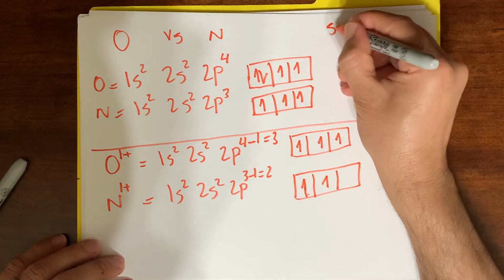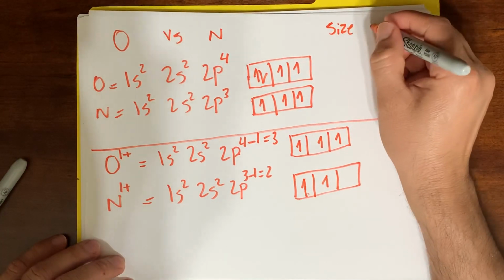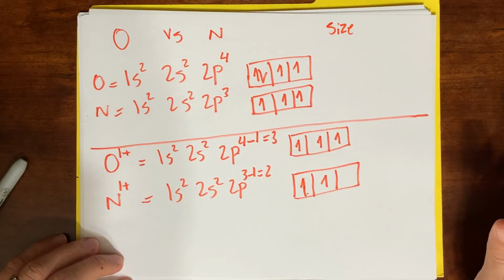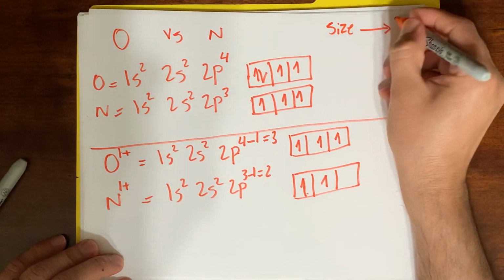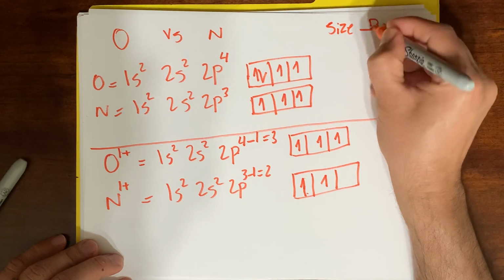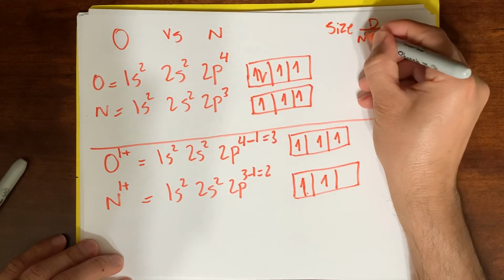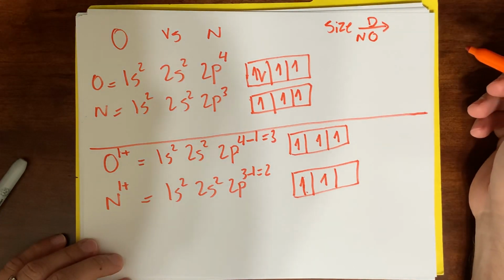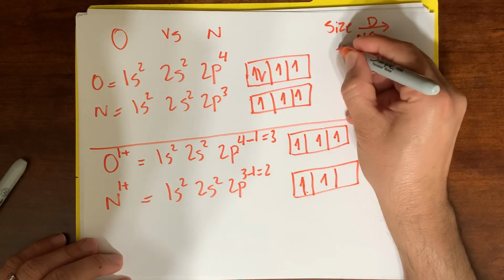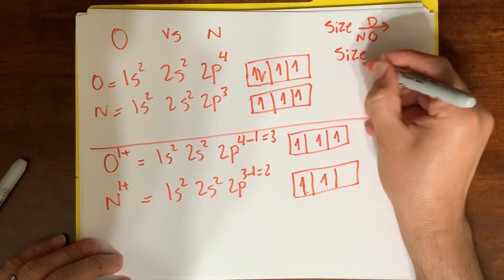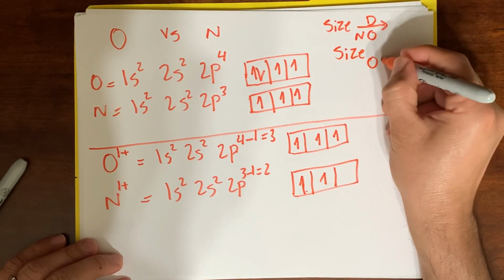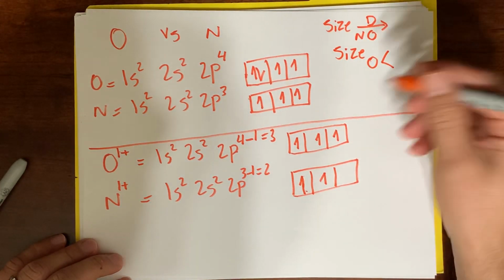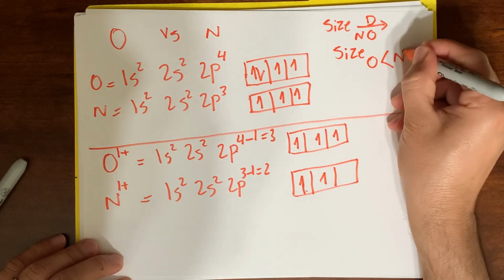The trend for size says that to the right side of the periodic table, size decreases. You will see nitrogen and then oxygen. Oxygen is on the right side of nitrogen. So the size of oxygen is going to be smaller than nitrogen.